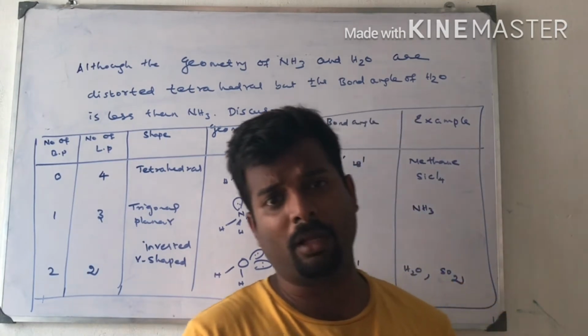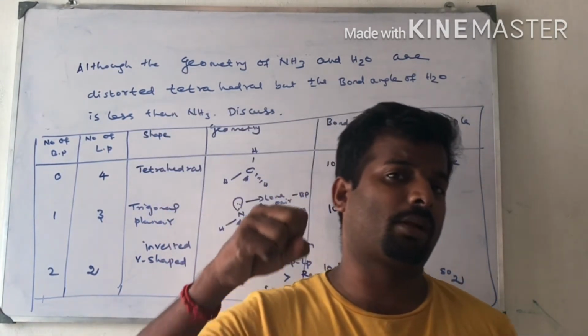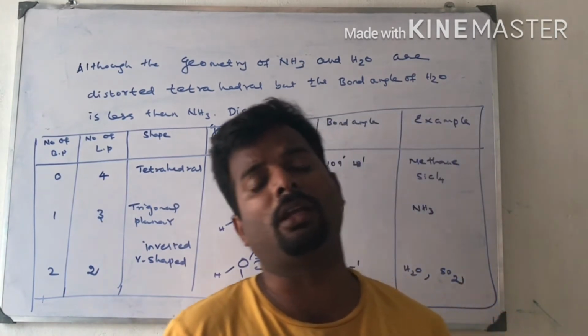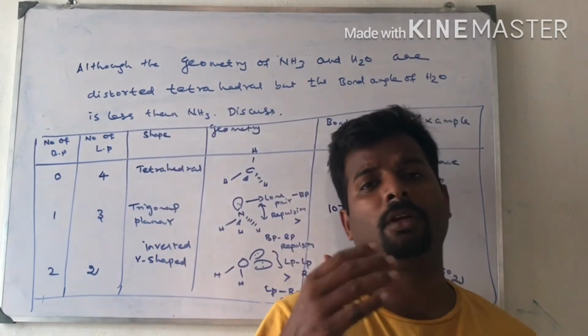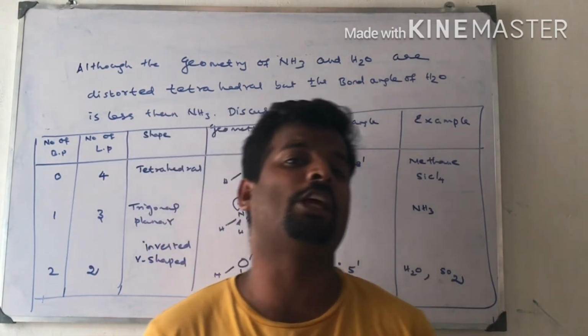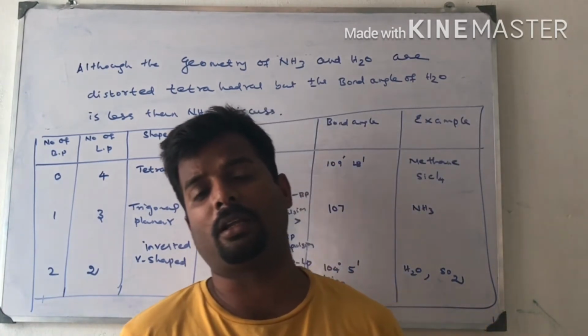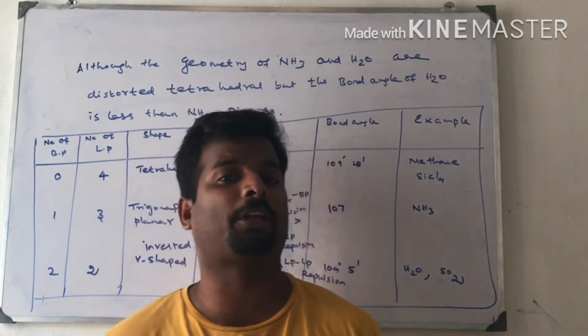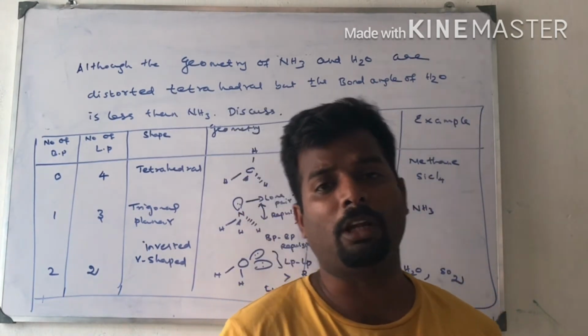The lone pair will repel the bond pair strongly and hence the bond angle decreases. The number of lone pairs of electrons present around the central atom increases the number of repulsions and decreases the bond angle. So this is very important.